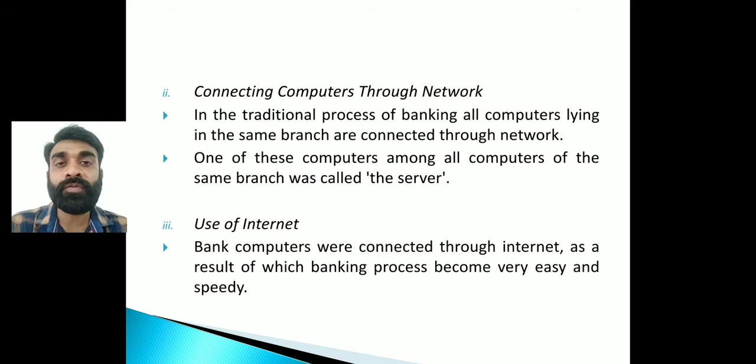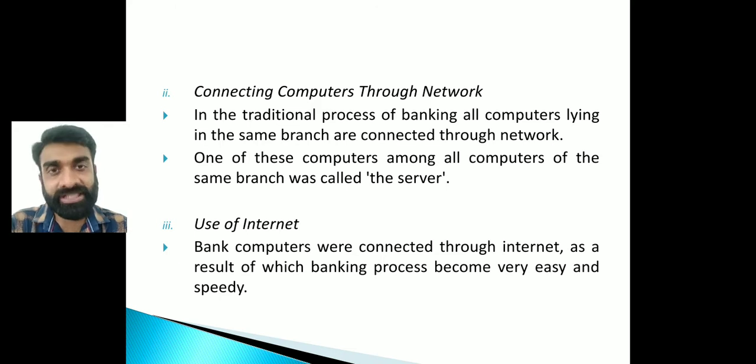Then third, use of the internet, the latest one. After the introduction of internet technology, the banking system has become very easy. Through the internet, we can pay bills, transfer money, and purchase goods and commodities, or services also. That means if I want to pay an LIC premium, I can do that. The computers and mobile phones are connected through the internet.